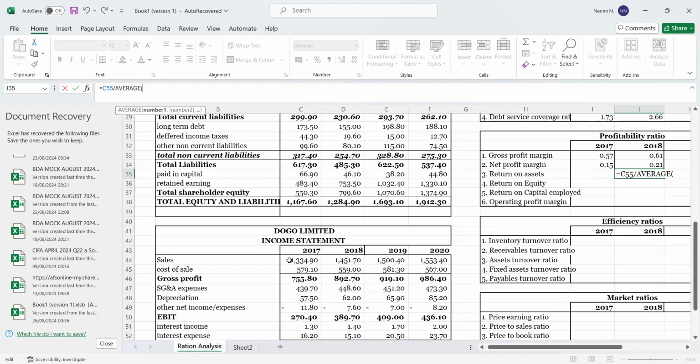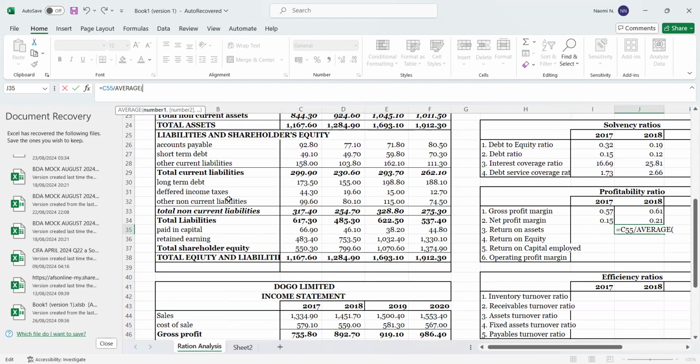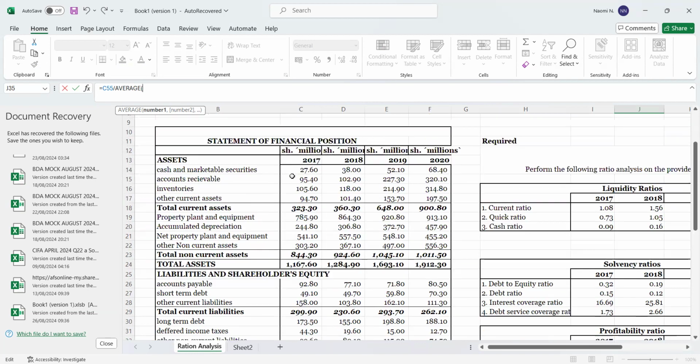We said it is average total asset. So for average total asset, we will check the total asset for 2017 and total asset for 2018 for us to be able to get the average.